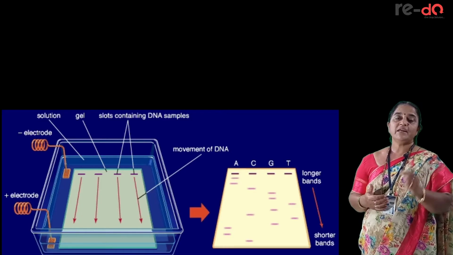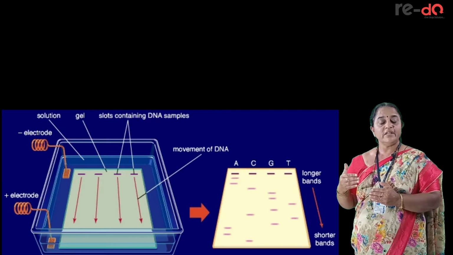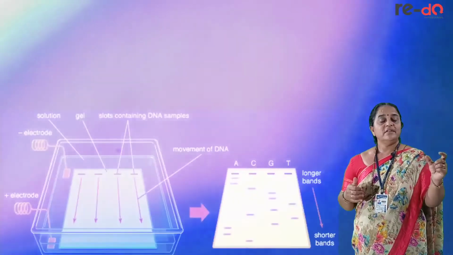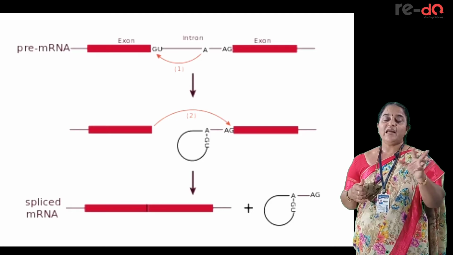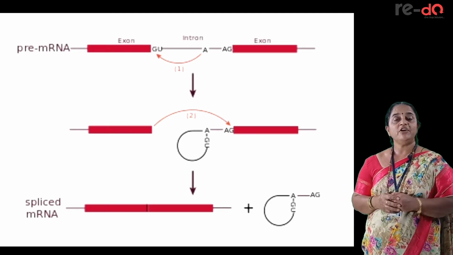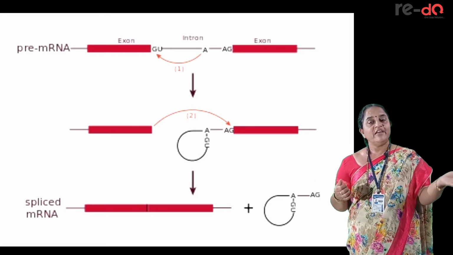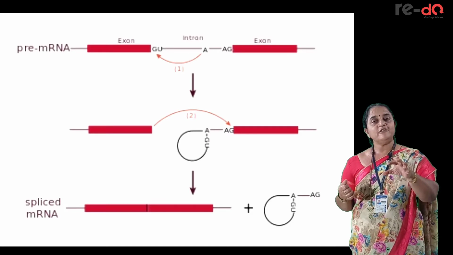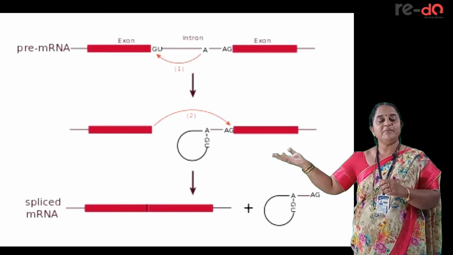So there is a mechanism called splicing, where the DNA fragment is ligated to a vector. A vector is generally called a vehicle, or you can call it a taxi, where the DNA fragment is loaded and taken into a host cell for its multiplication.